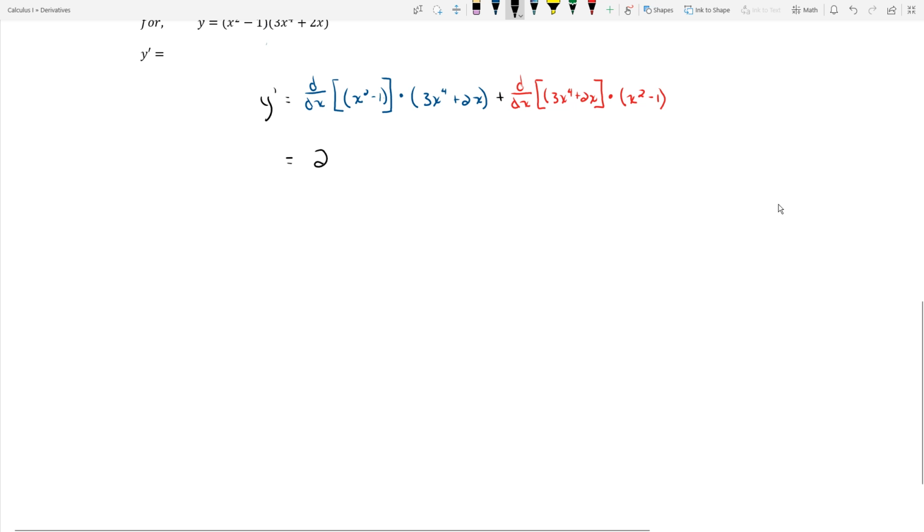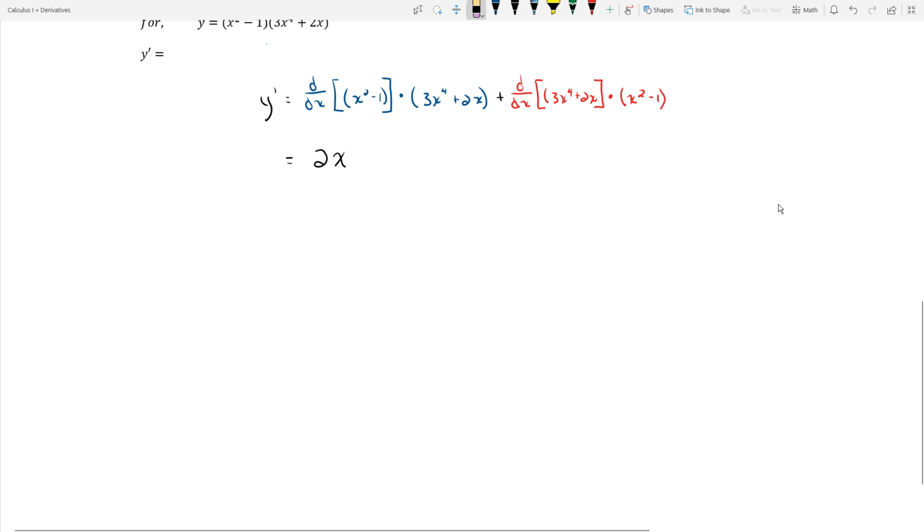So we have 2 times x to the second minus 1, and what I mean by that is x to the second minus 1 is going to give us simply x. The reason that I did that so quickly, rather than using the rule to also split this apart using addition and subtraction rules for derivatives, is that we know that the derivative of a constant, which this would be, is going to be 0.